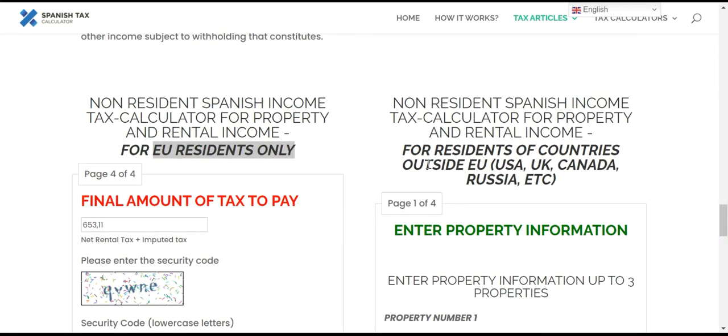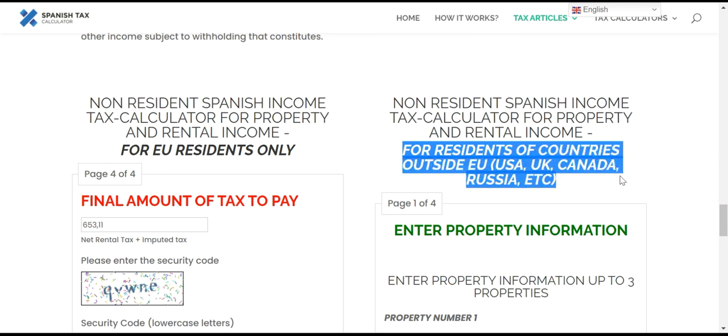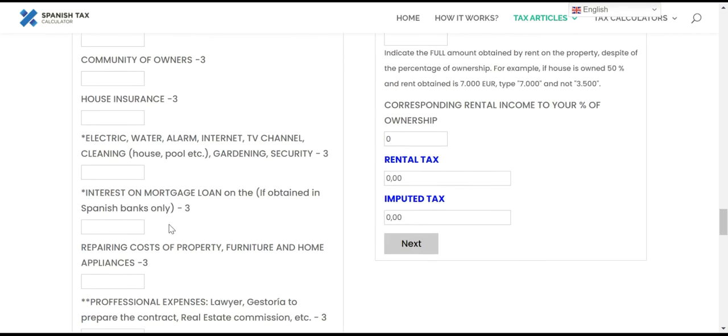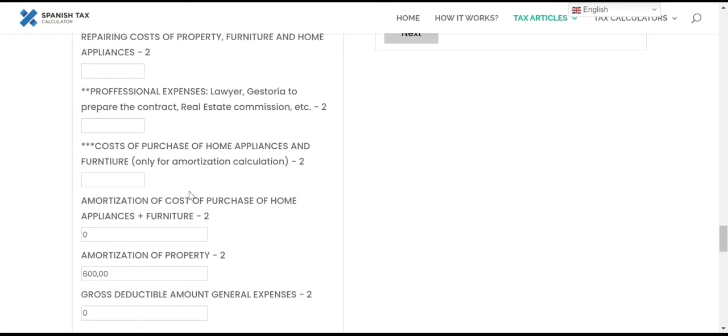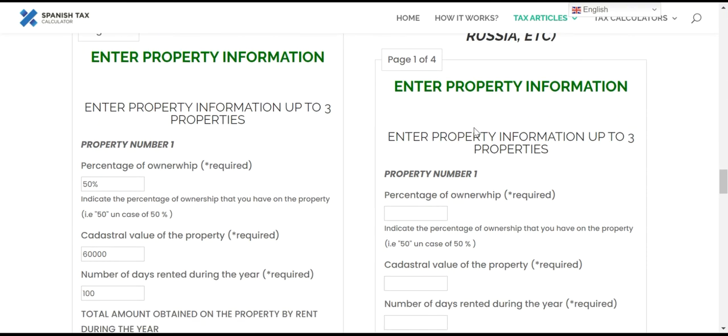And now we go for the same, but this time considering the income tax for non-residents when you are resident in another country outside the EU, for example, USA, UK, Canada, Russia, etc. So in order to make a rapid comparison, we go with property number one, in order to rapidly see the differences between taxes in Spain being EU resident and being non-EU resident.